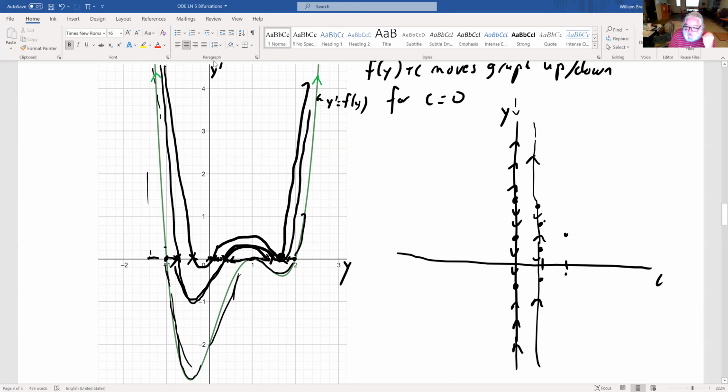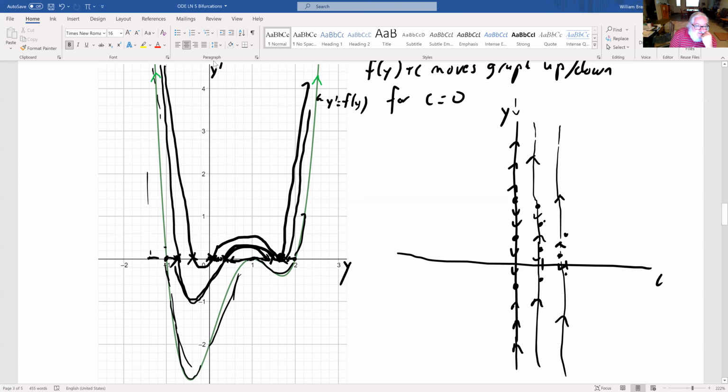And we know that for our phase line, this is still going to be positive. Well, did I lose track of one? 1, 2. There's a third one in here. That's this one. So positive, negative, positive, positive.